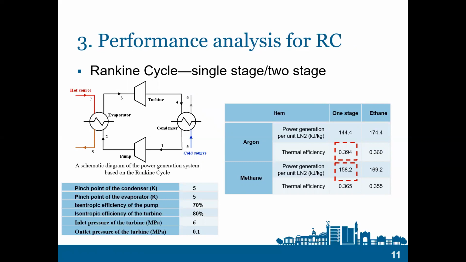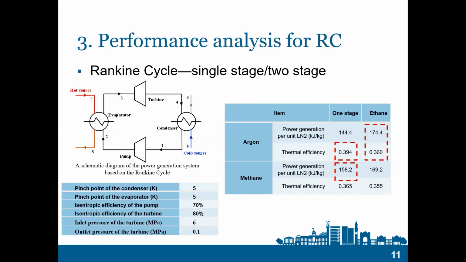For the two-stage Rankine cycle, when argon and ethane are used as the working medium, we get both the highest power generation and the highest efficiency. So if we only consider efficiency and power generation, we can see that the Rankine cycle could perform better than the cryogenic TEG heat exchanger.